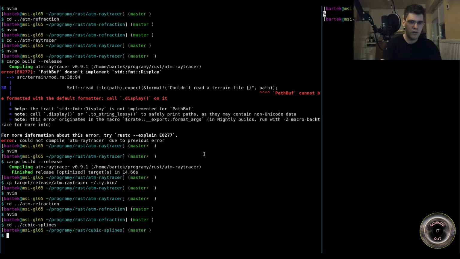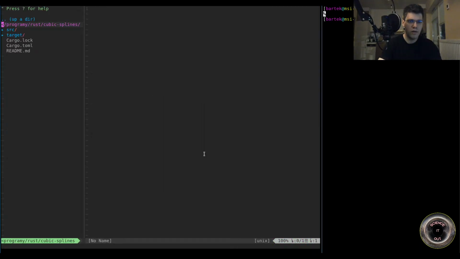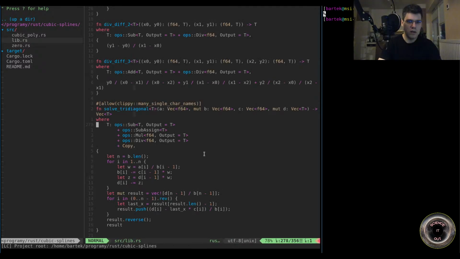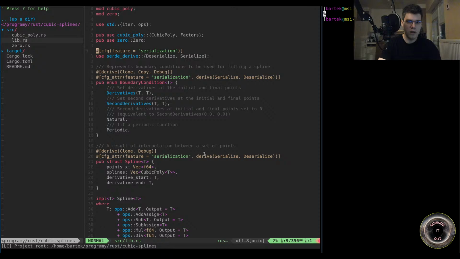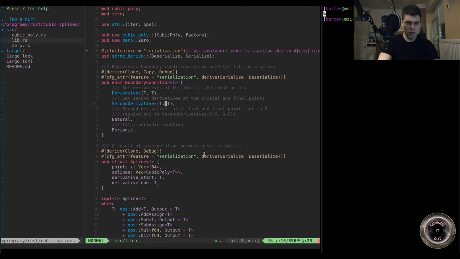Because I also wrote the utility, the library for cubic splines for this particular application. And it should be defined, yeah, derivatives. Okay, yeah, so you can define what the second derivatives should be at every end. And there is the natural condition, which means that second derivatives at initial and final points are set to 0.